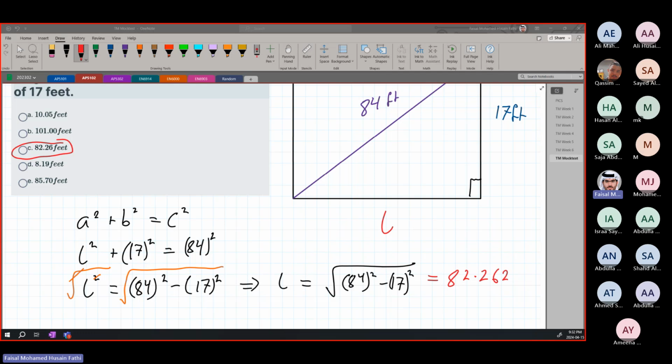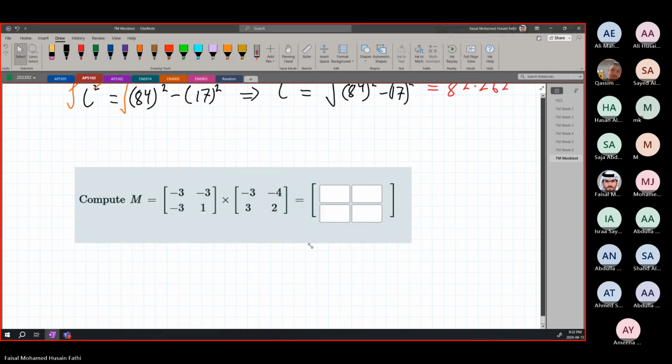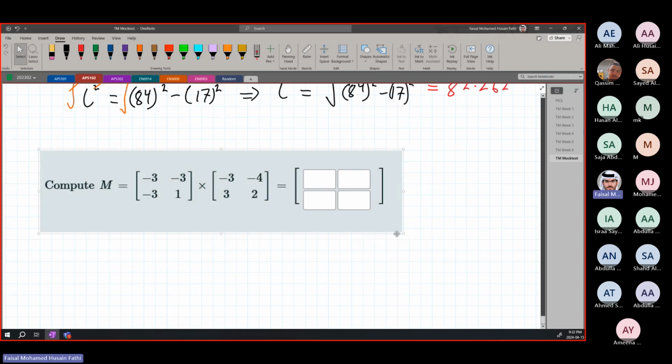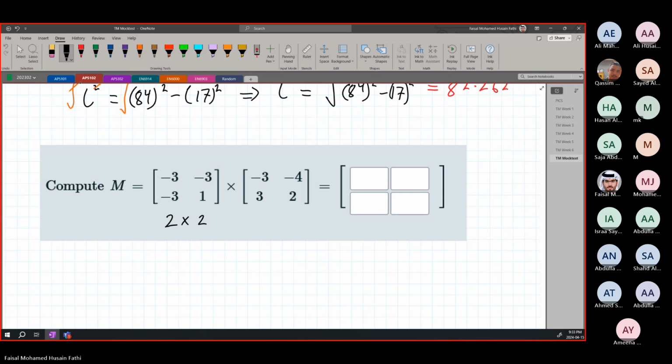All right, matrix multiplication, let's go over that to remind you guys how it's done. We have this matrix times this matrix. Remember, when you multiply a matrix with a matrix, you have to look at the dimensions: this is a 2 by 2 times a 2 by 2.